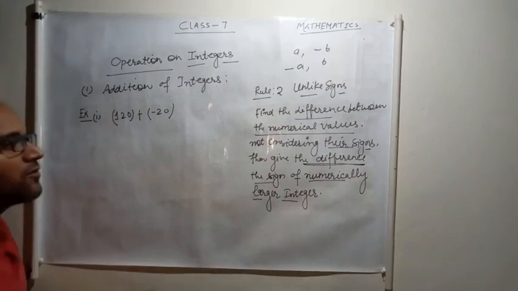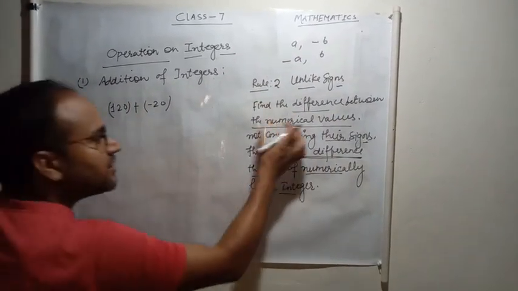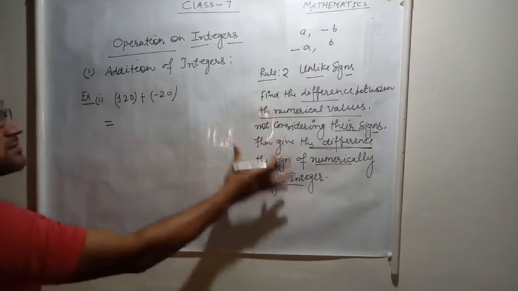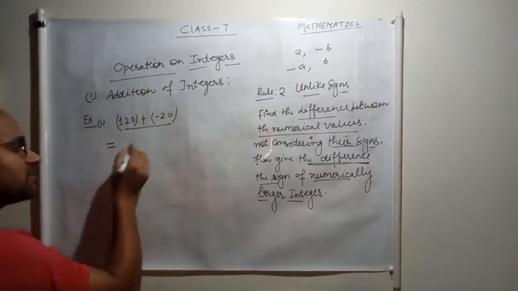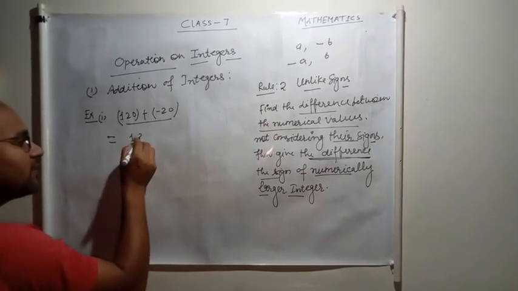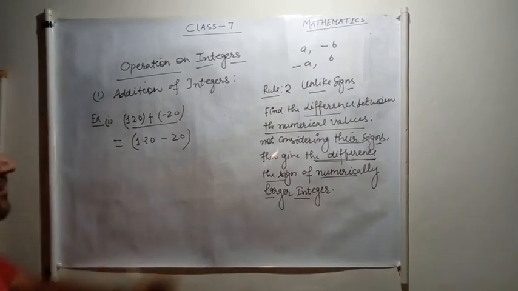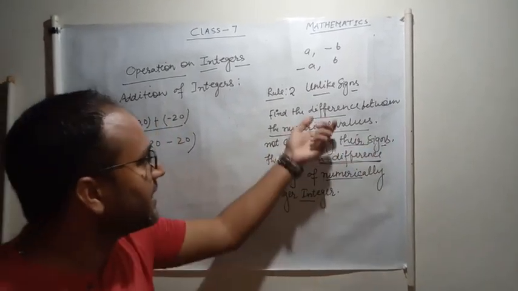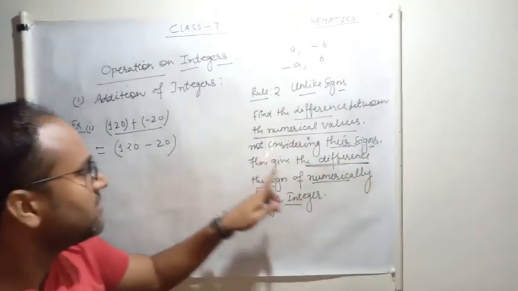According to your rule, find the difference between the numerical values, not considering their signs.